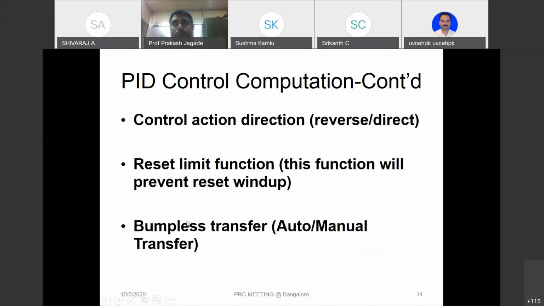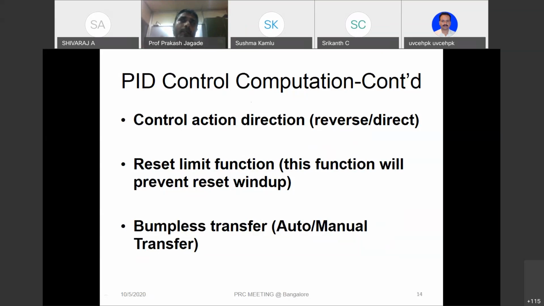When you switch from auto to manual mode and from manual to auto, the mode transfer also should be bumpless. That also has been incorporated, so you will get a bumpless auto manual transfer if you use the PID algorithm. These are all the features of the algorithm which we have developed and ported on the CDAC hardware.